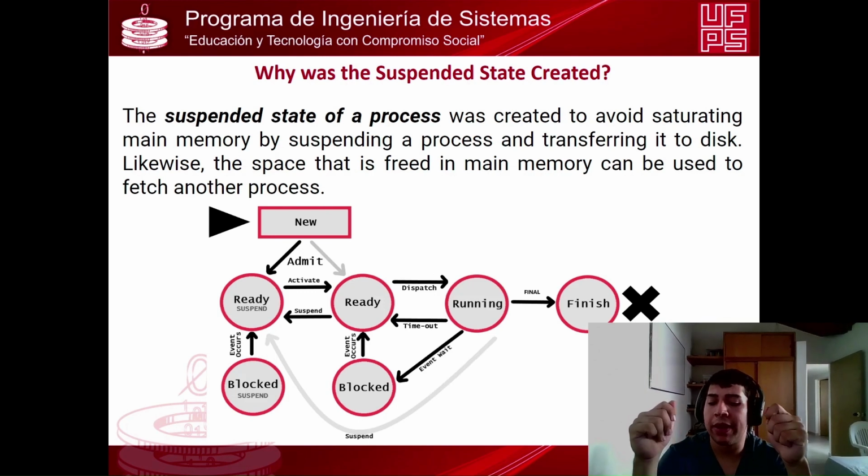Hence lies swapping, or the need for swap memory, which involves moving part or all of the process from main memory to disk. When none of the processes in main memory are in the ready state, the operating system swaps one of the blocked processes to disk in the suspend queue.